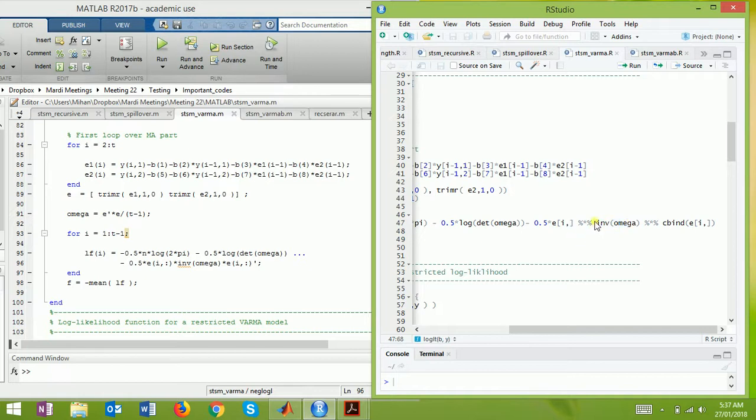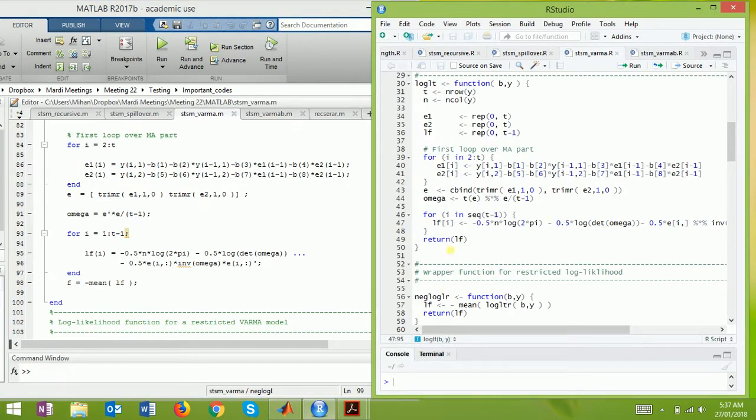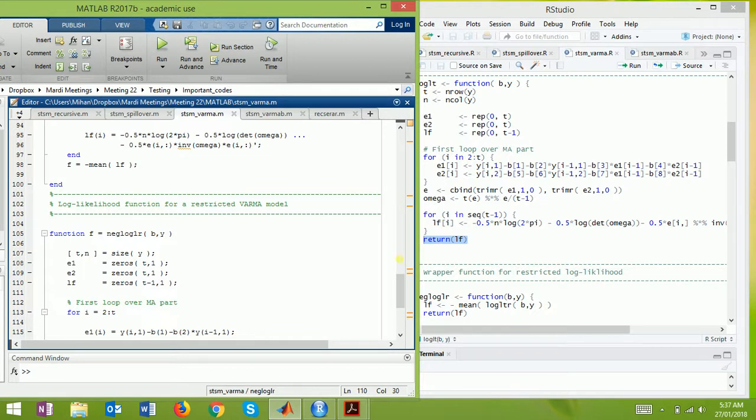This is basically the Hadamard product, inverse of omega, Hadamard product, column bind E i. So I'm using column bind instead of transpose, because I'm doing column bind of all E i elements. So this is the trick in matrix, instead of doing transpose I do column bind. That's the learning from this part, and it returns the log likelihood function, so the mean of the log likelihood function. Now that was unrestricted.